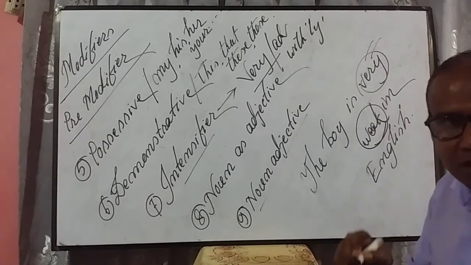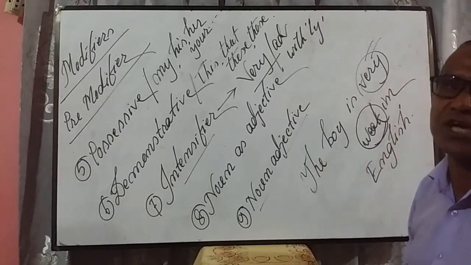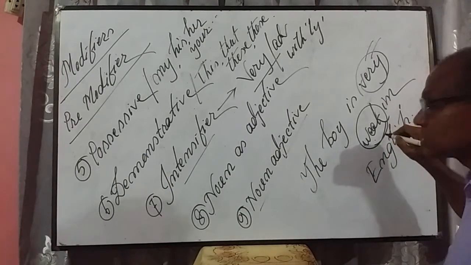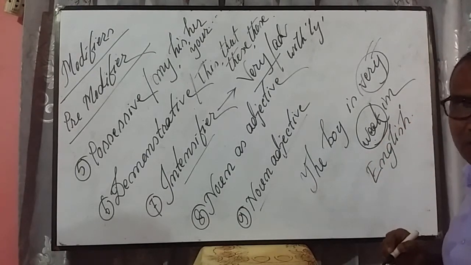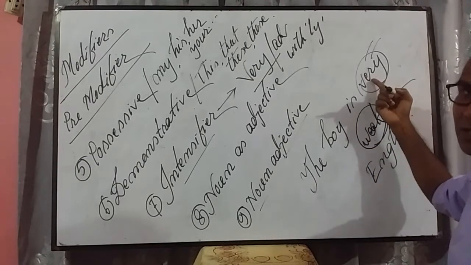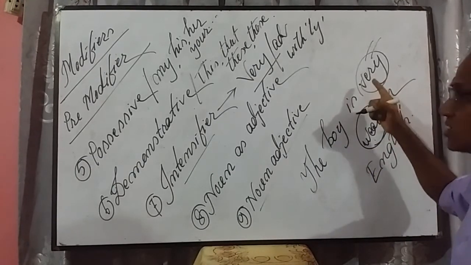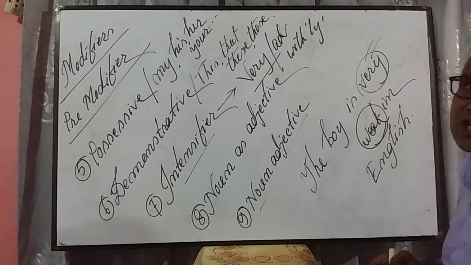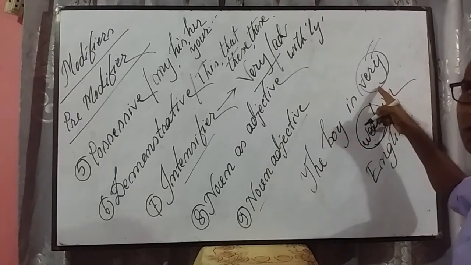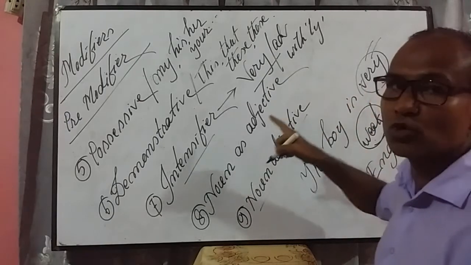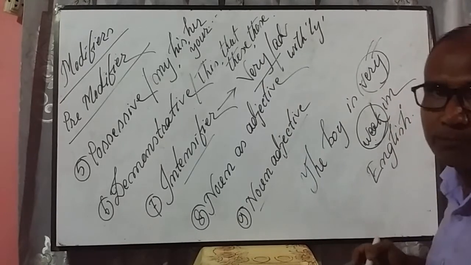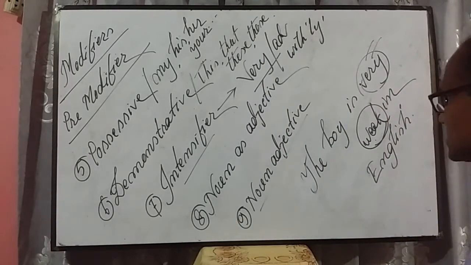How weak is he? He is very weak. He is very, very weak. That means weak is being stressed by the use of very. Understand? So very is a very commonly used intensifier in the English language. If it doesn't work, you can use any kind of adverb with ly, right? That is intensifier.